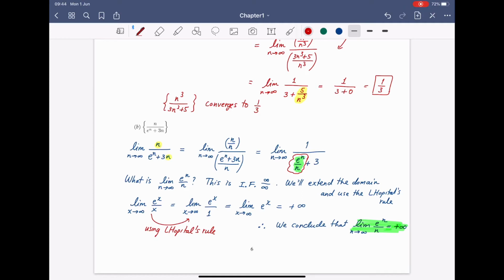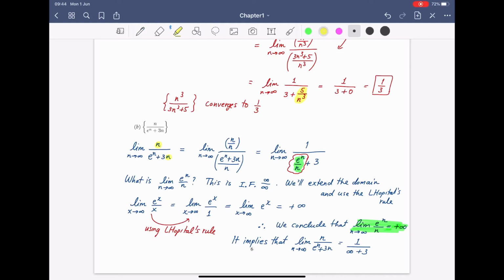So it implies that the thing that we want to compute, which is the limit of n over e to the n plus 3n, goes to 1 over infinity plus 3, right? Because we already computed the thing that I circled in red and got infinity.